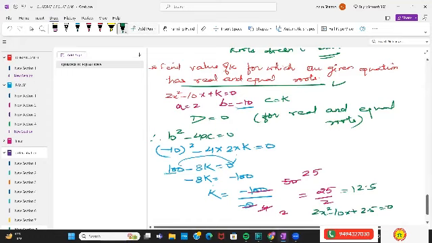To solve this equation, you will convert it again into fractions, whole numbers only. Then you will take the LCM. You can write in decimal, it is not that we can't write in decimal. But to solve it again, you have to convert into whole numbers, right? Okay.